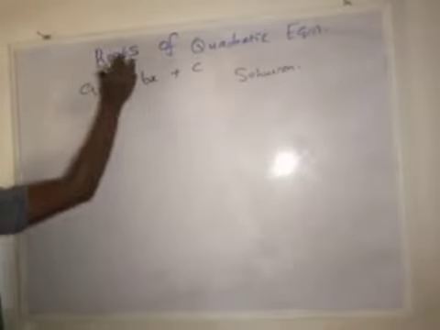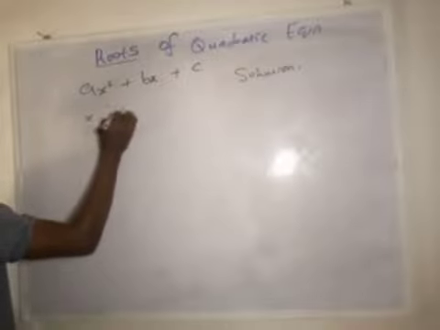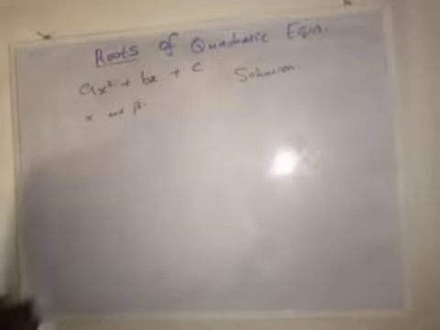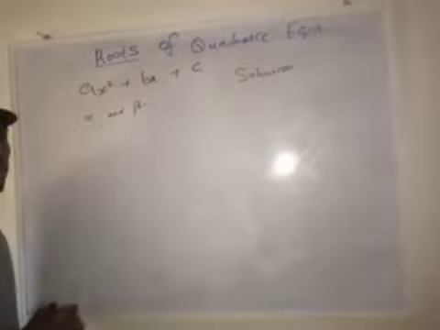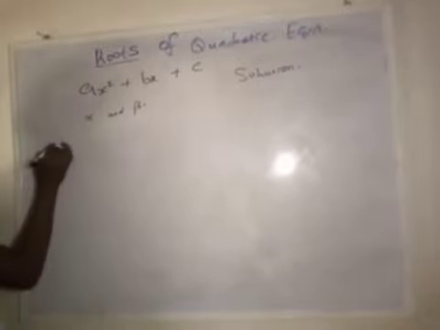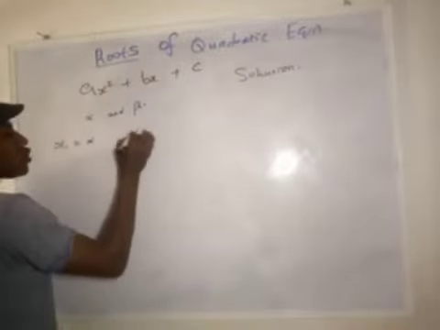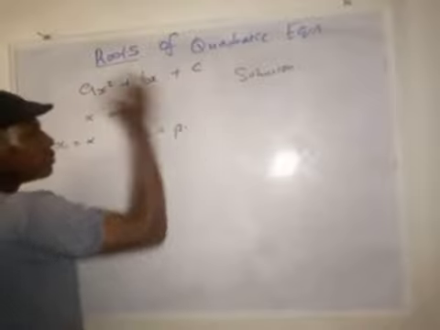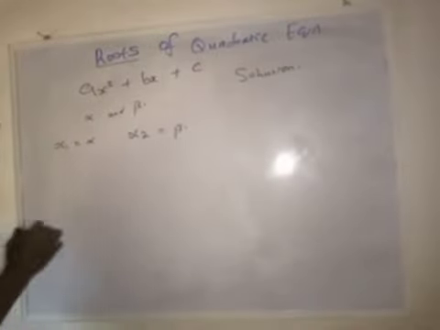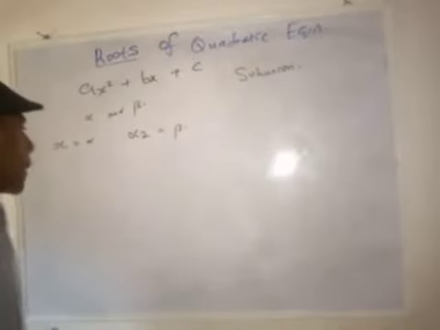So let's say the roots of my quadratic equation are alpha and beta. It simply means that my x1 is equal to alpha and my x2 is equal to beta.